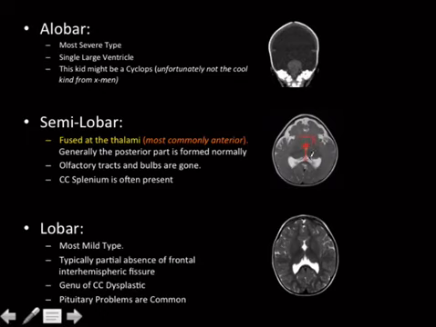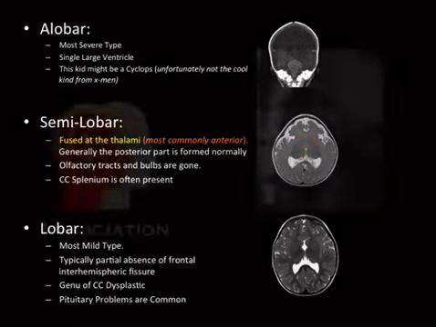You cleave normally here. And then the lobar type is the most mild, and you may only have partial absence of the frontal interhemispheric fissure, or it didn't cleave all the way through, or you can have a little bit of corpus callosal issues or pituitary problems, which of course is also a midline defect.